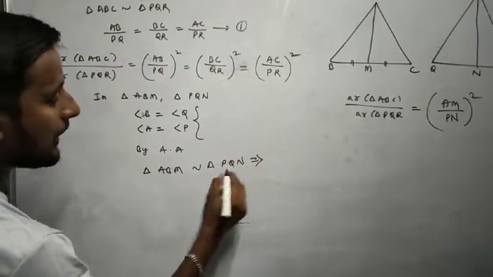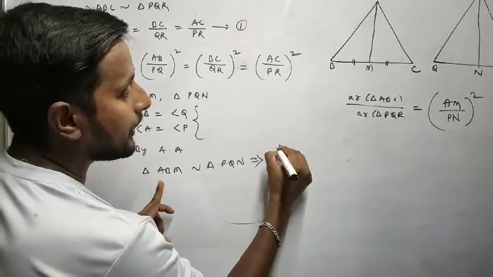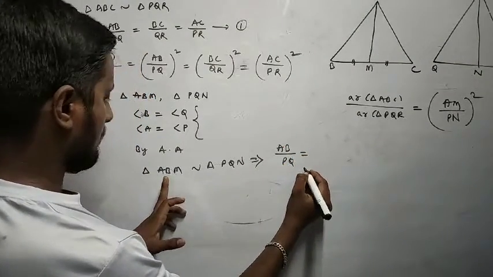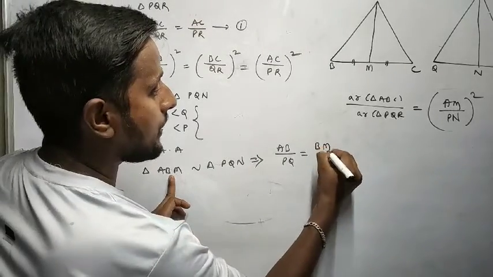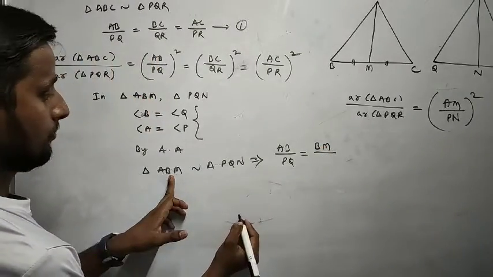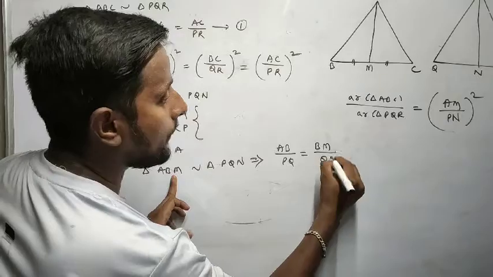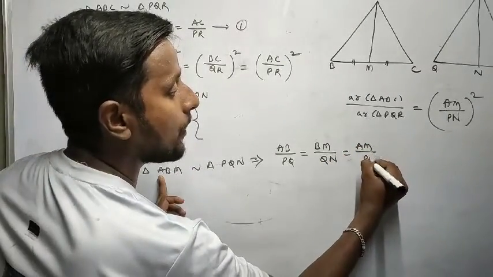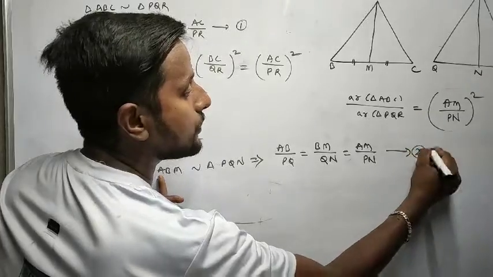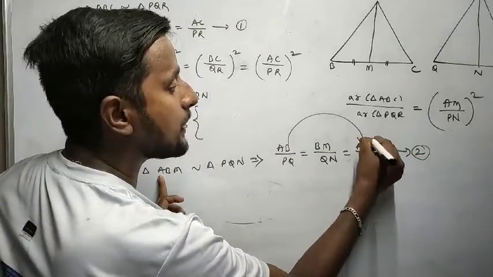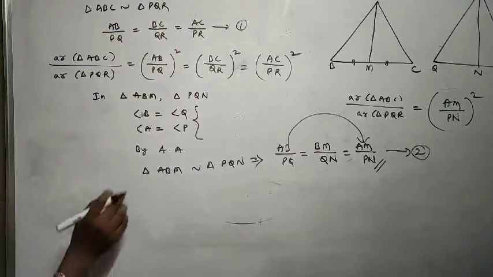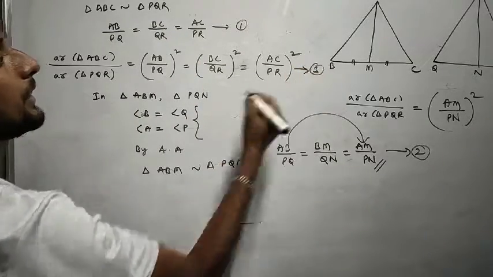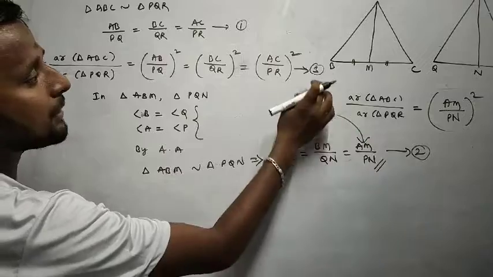Once the similarity is decided, I'll write AB by PQ is equal to BM by QN, next AM by PN. Now it's our equation 2. Look, AB by PQ is equal to AM by PN also. From 1 and 2, this is 3.